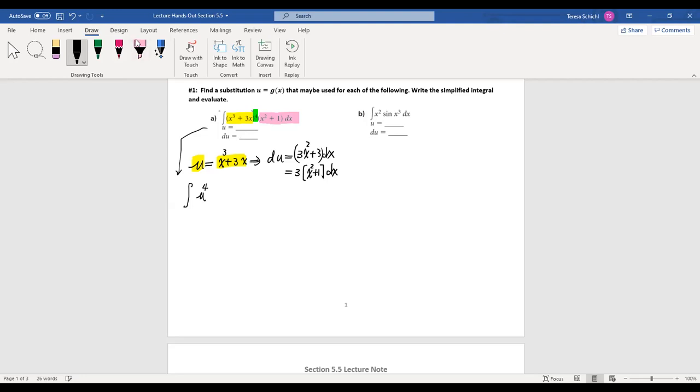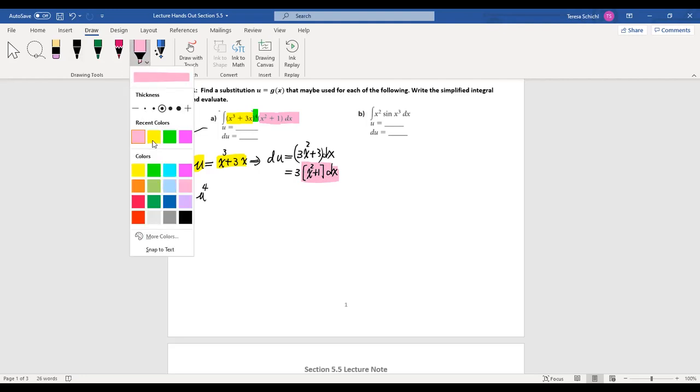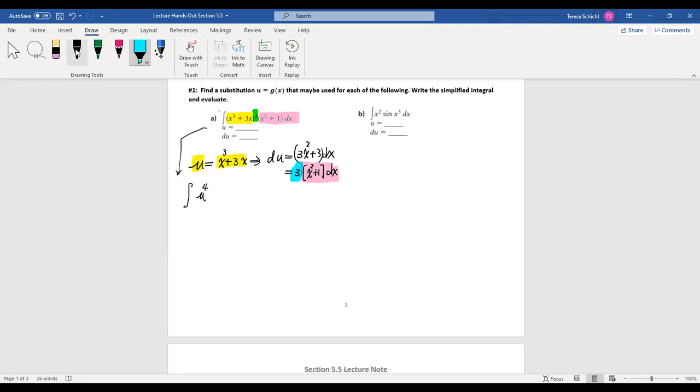Then you say, oh yeah, this one is exactly the same as the one I highlighted here, but the problem is I have this 3 in front. In order to perfectly match this purple one, you can divide by 3 on both sides. So du over 3 is equal to x squared plus 1, the dx.